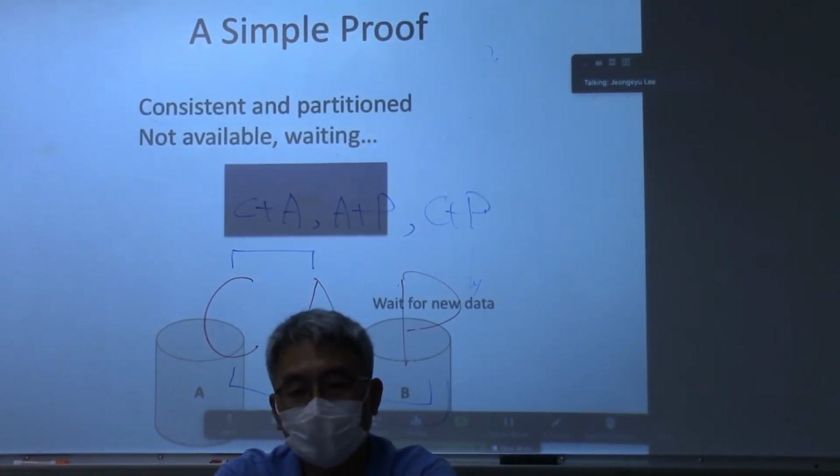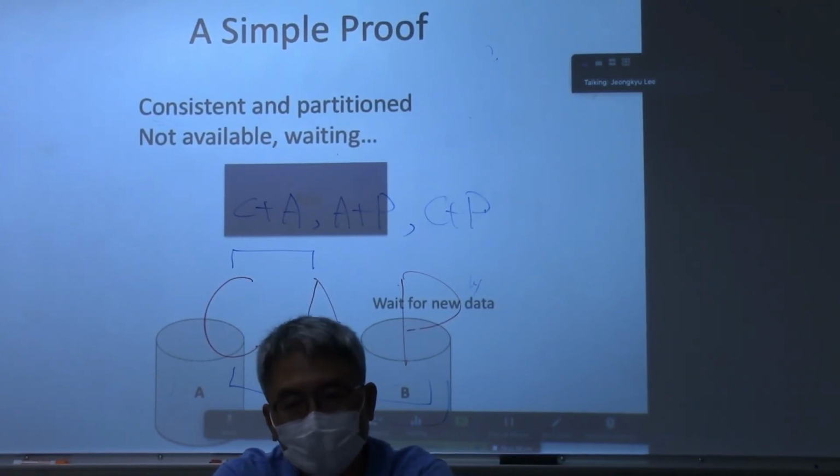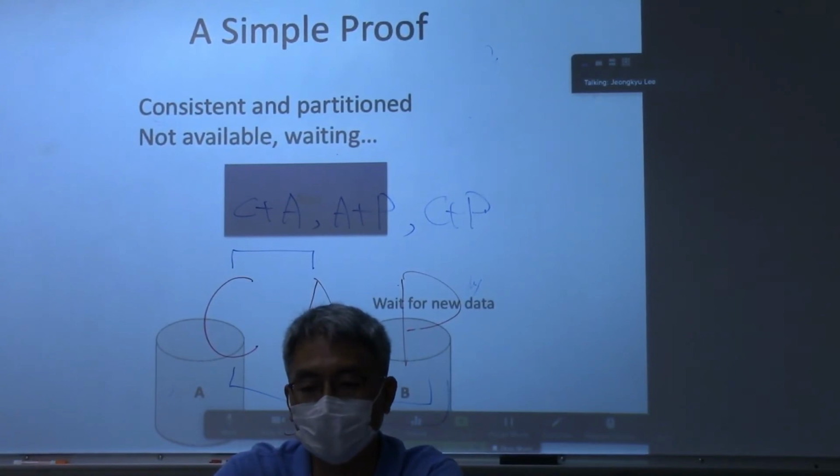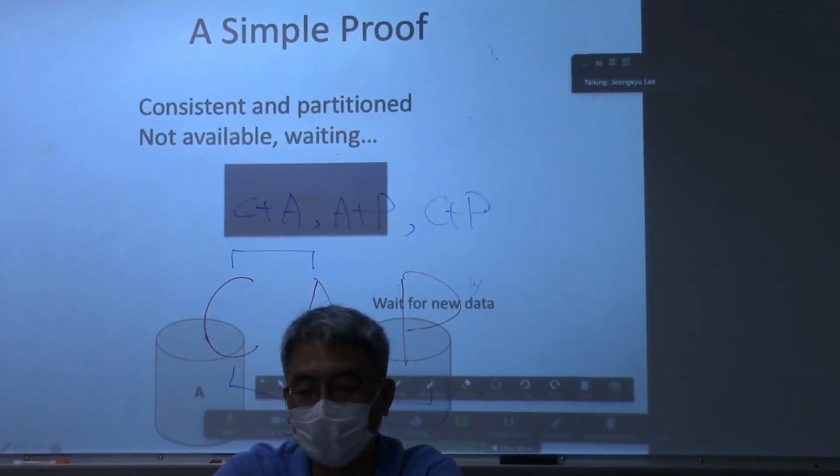Another case is where the database is consistent and also partitioned, with A and B. Being consistent means they should be synchronized every time, and when the client accesses the data, it should be the same.